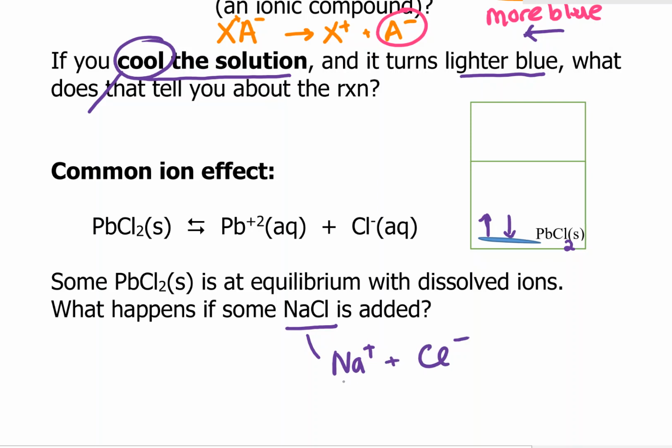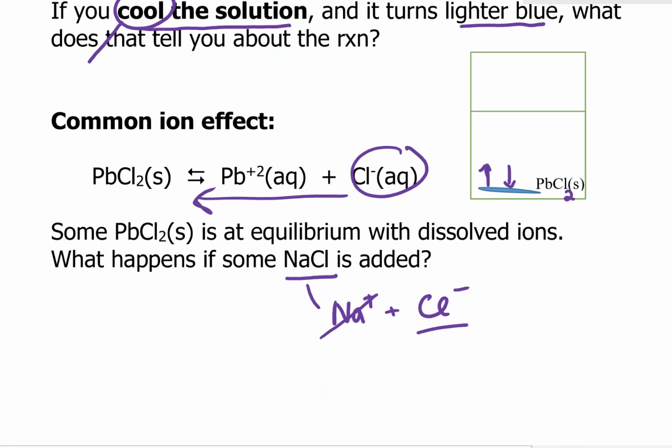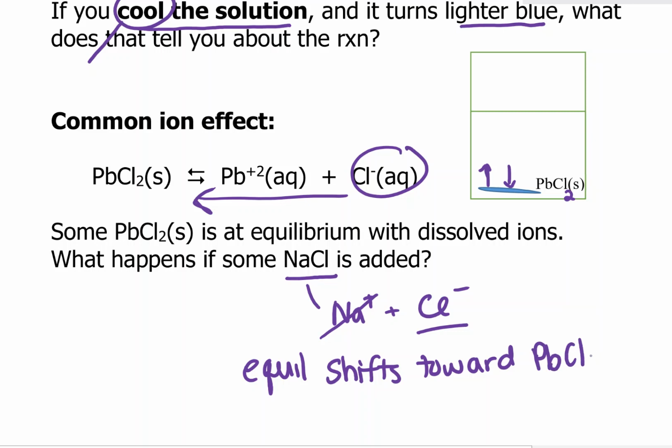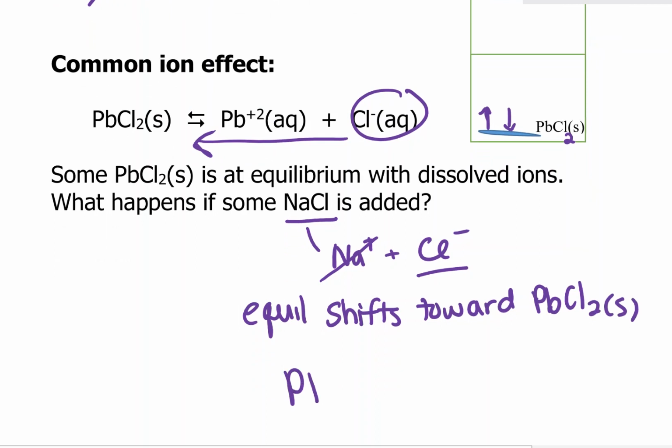And the sodium doesn't do anything, but the chloride ions do. They increase this concentration. So you're going to expect equilibrium to shift this way. So if it's shifting to the left, that means you're going to get more solid. And so you will see that as a precipitate.